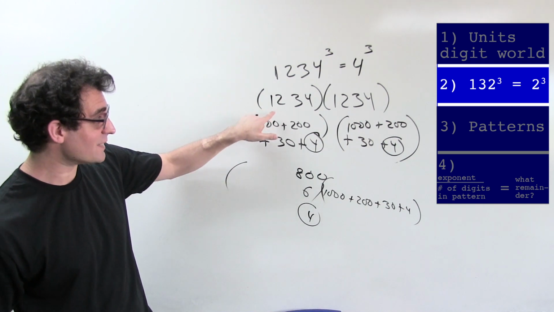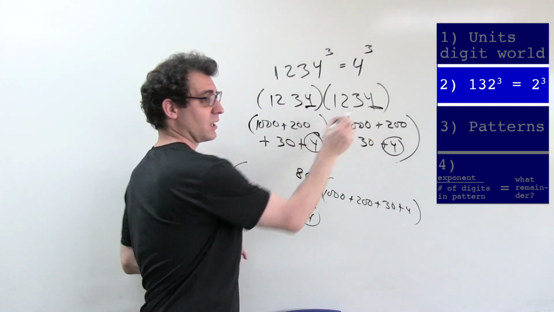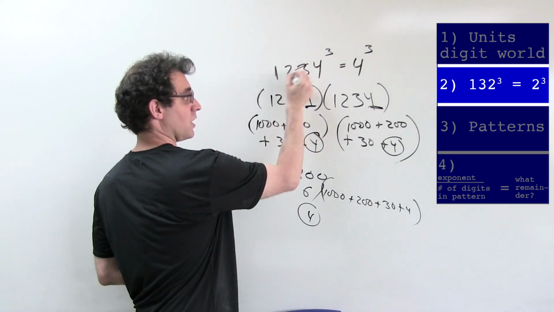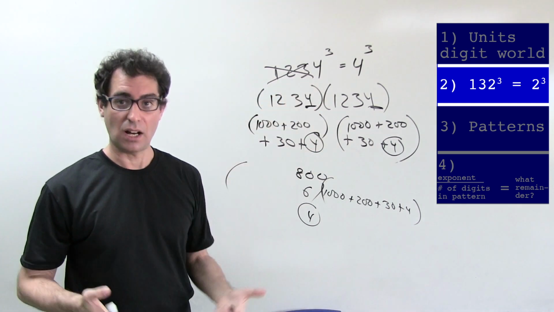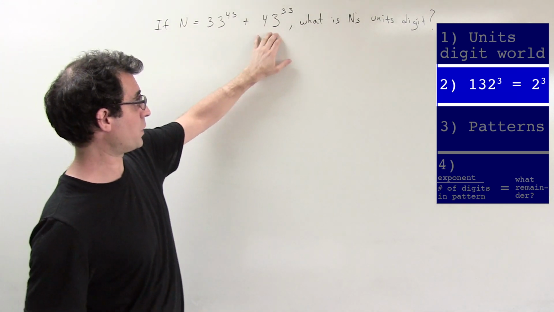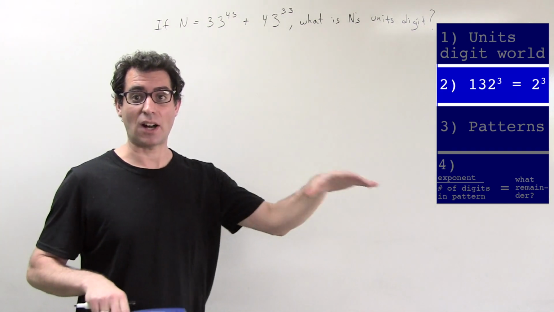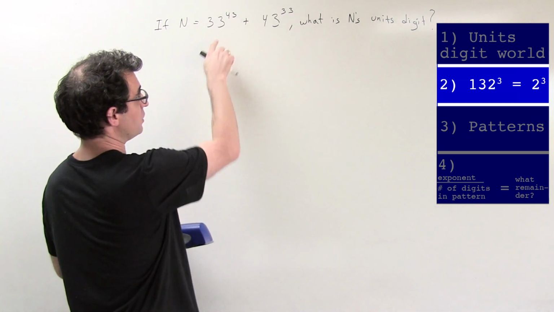So that means that the only numbers that matter are the units digit of the base. So in a question like this, we can cross off everything that's not the units digit of the base. In this question that we have, 33 to the 43 plus 43 to the 33, in the base, we just cross off everything except the 3, except the units digit.